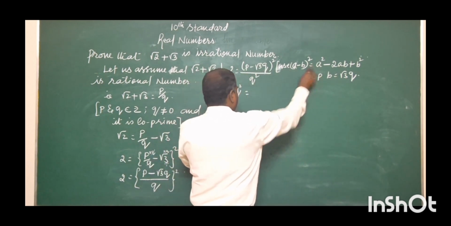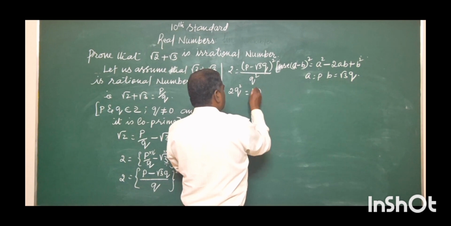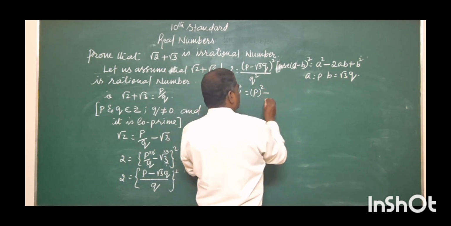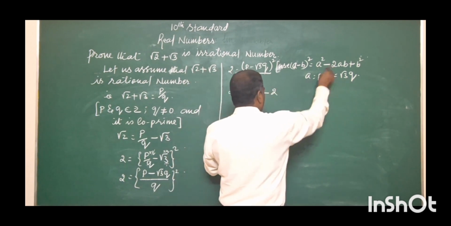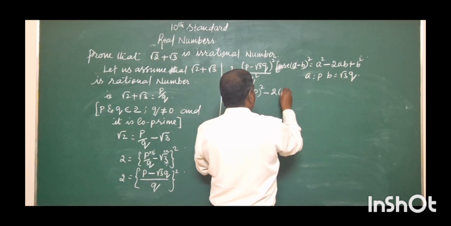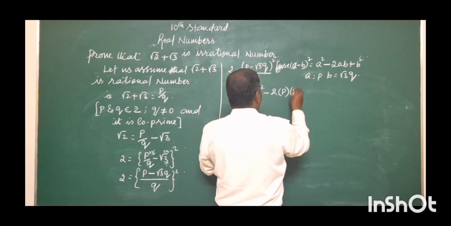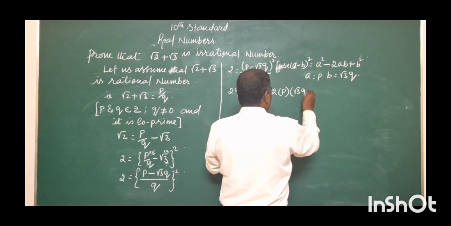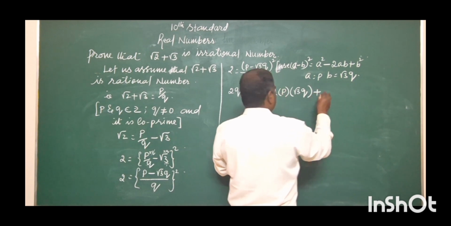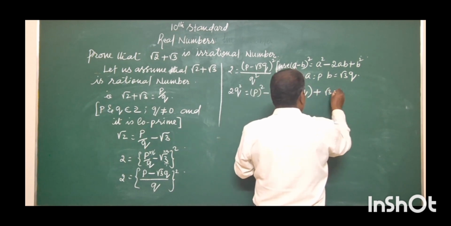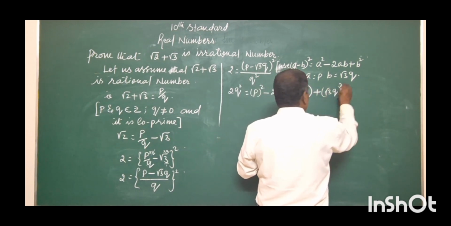Now, according to this formula, p square minus 2 into p into root 3 q plus root 3 q whole square.